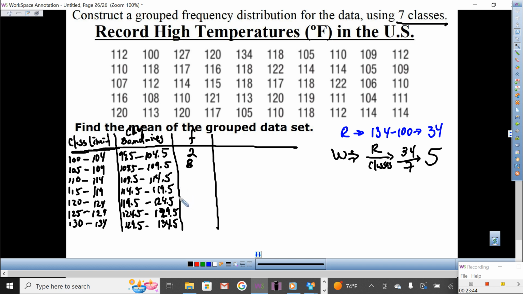Zach? Still working on it? Okay. How about for the class 114 to 119.5? What'd you get, Samuel? Still working on it? Okay.